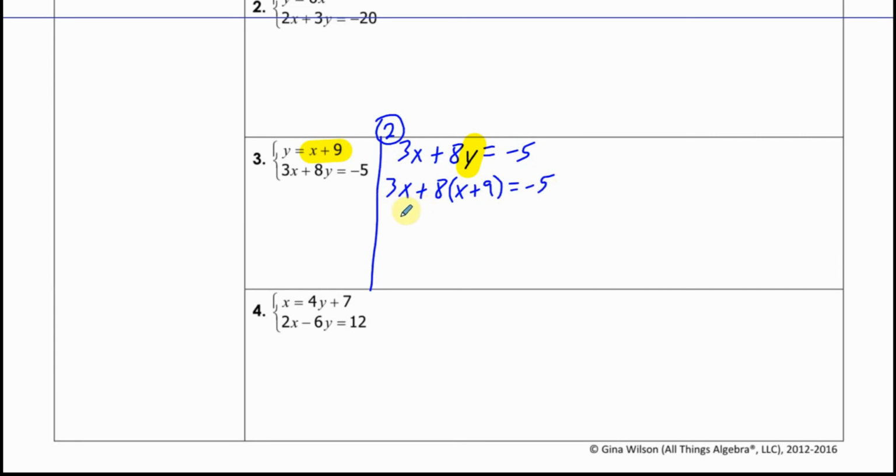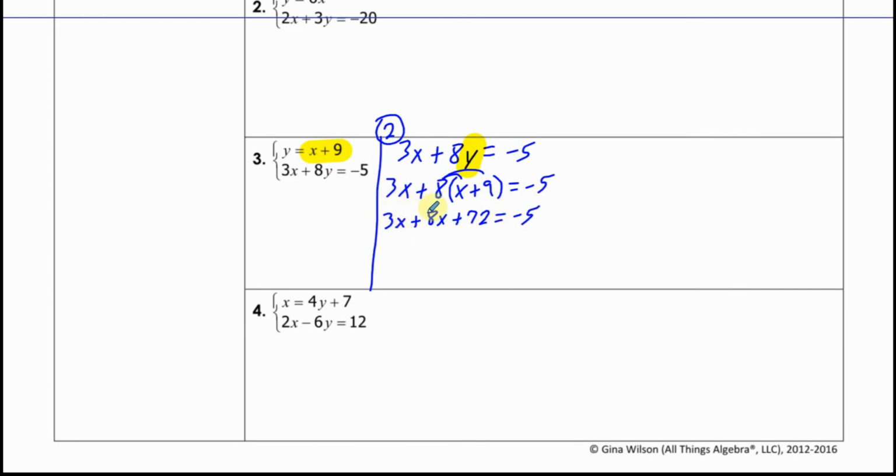Right, so now we're starting solving for x. So we know that the first thing is to simplify. We don't want parentheses in our problem, so we're going to distribute. We're going to distribute this 8. 8 times x, and then 8 times 9. Okay.